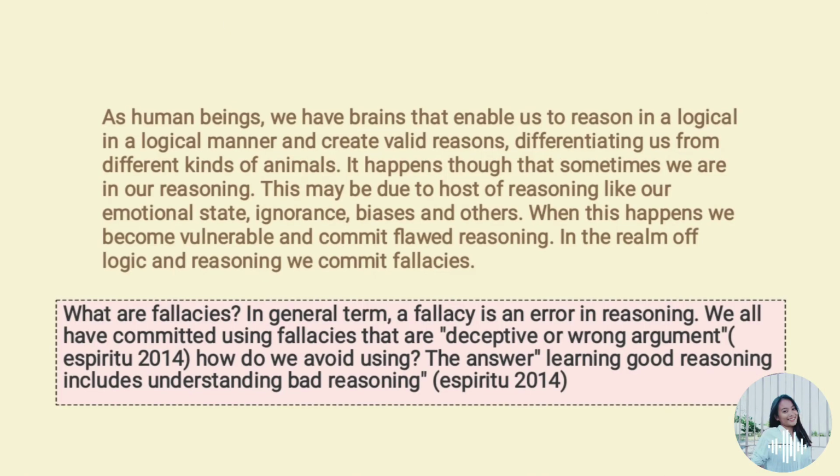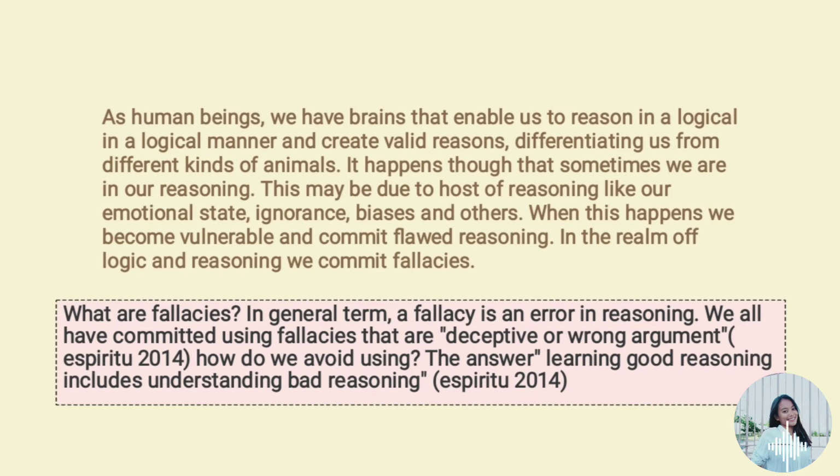Fallacies. As human beings, we have brains that enable us to reason in a logical manner and create valid reasons, differentiating us from other kinds of animals. It happens, though, that sometimes we err in our reasoning. This may be due to a host of reasons like our emotional state, ignorance, biases, and others.